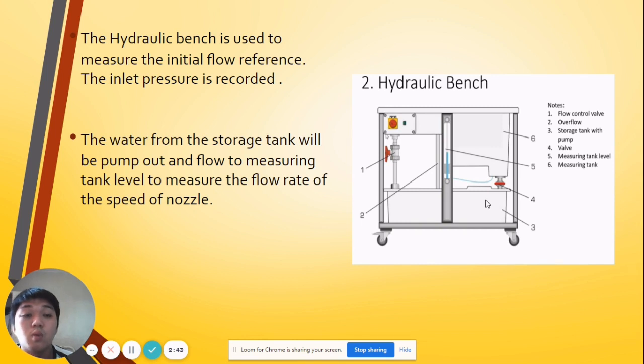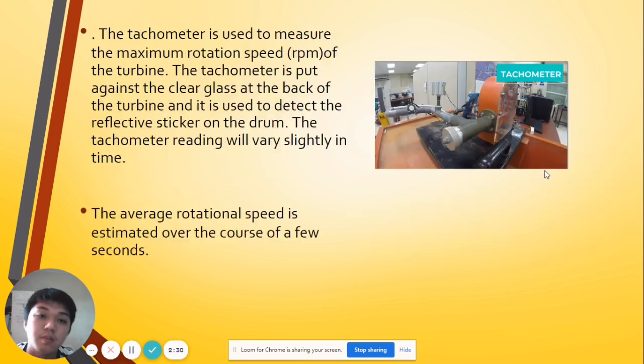The water from the storage tank is pumped up and flows to the measuring tank, and then we can measure the flow rate or the speed of the nozzle. The tachometer in this experiment is used to measure the maximum rotational speed of the turbine.